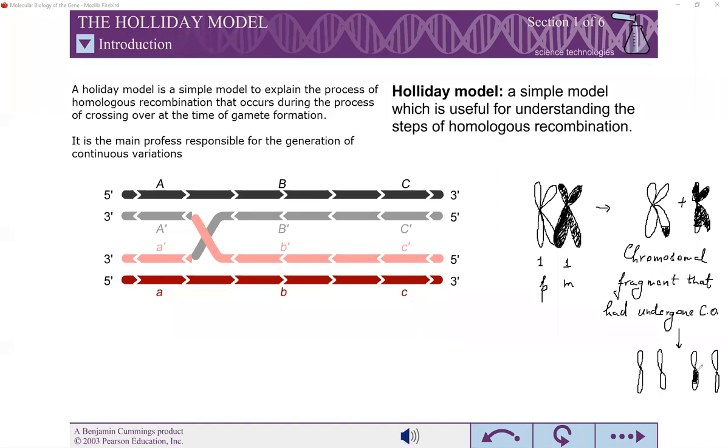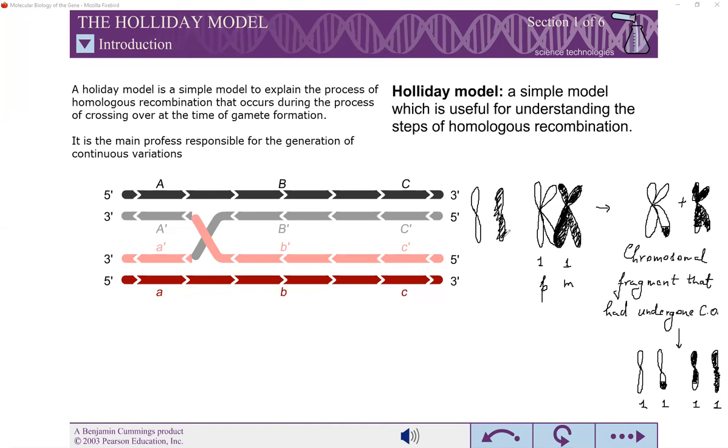You can look here, this is the chromosomal fragment that has been exchanged. So here you find that out of the four chromosomes in the gametes, two are resembling the parents. The parents were of the following types. One was like this, another one was like this.